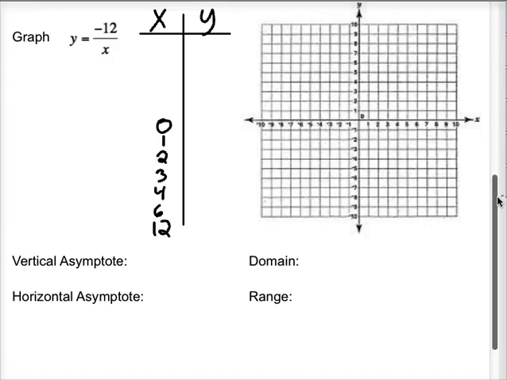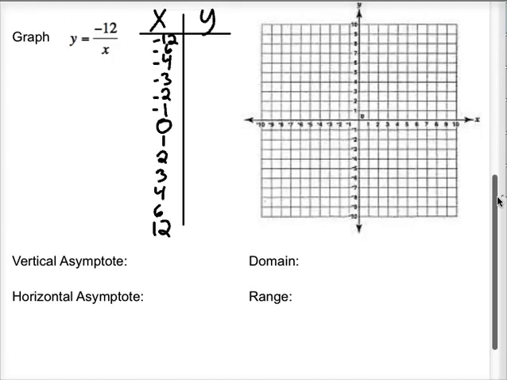So 1, 2, 3, 4, 6, and 12 all divide 12. And then I include their negatives. Okay, so that's how I set up my table.